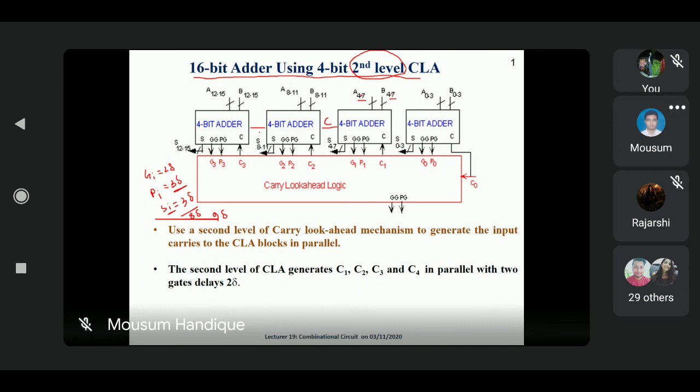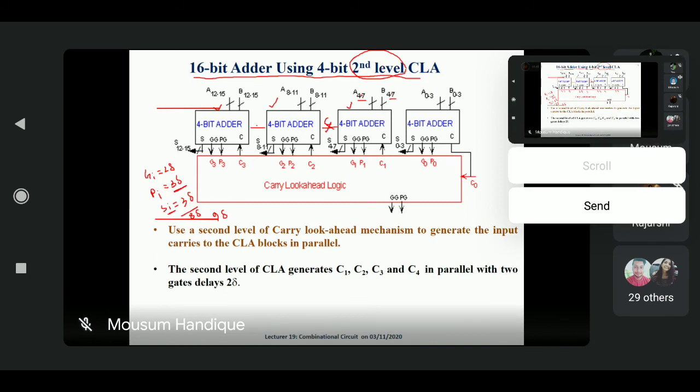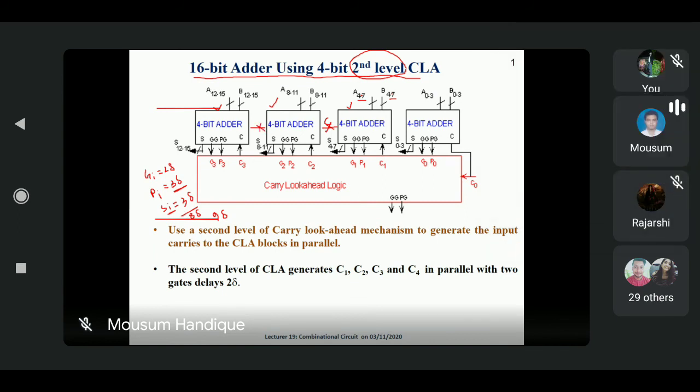Now, can we minimize this? Yes, we are using the 4-bit adder here also, here we are using the 4-bit adder, here we are using the 4-bit adder, but we don't use carry propagation or carry rippling. And carry rippling, actually, we take care of with the carry look ahead adder. That means carry is generated parallelly.